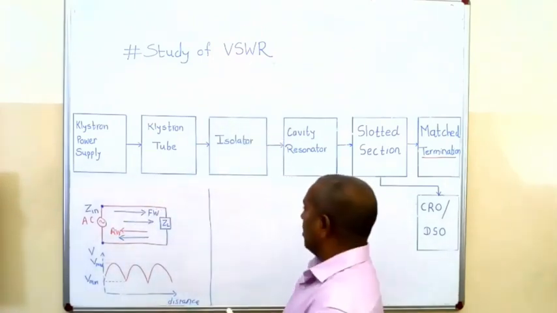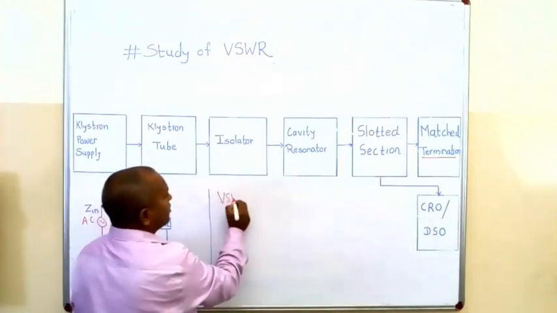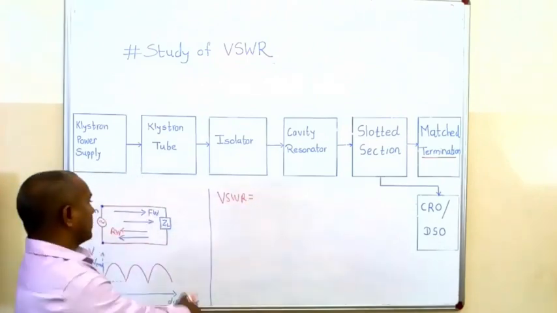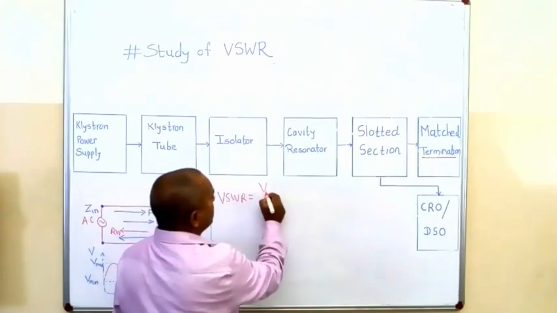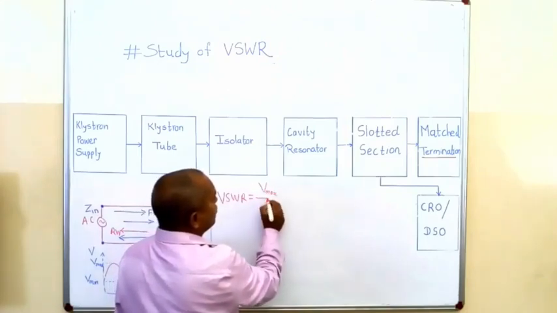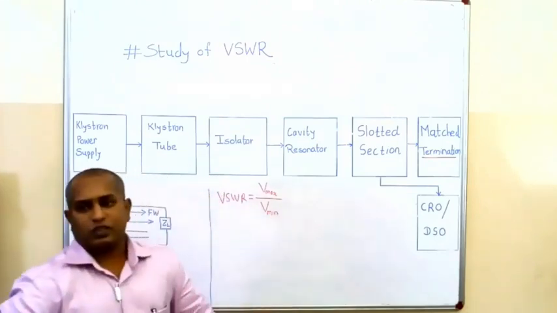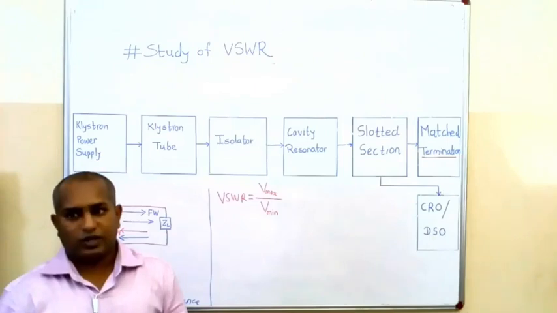Here, the voltage standing wave ratio, VSWR, is defined as the ratio of maximum voltage to the minimum voltage.